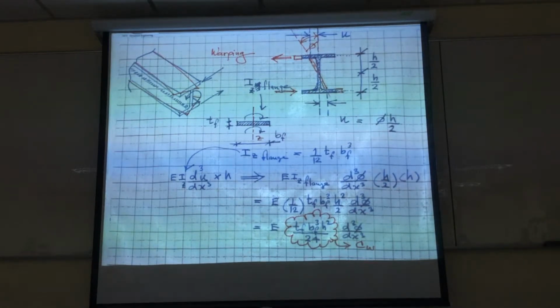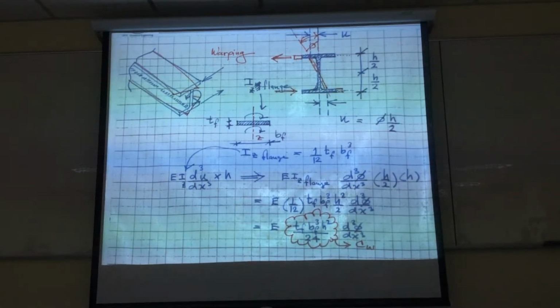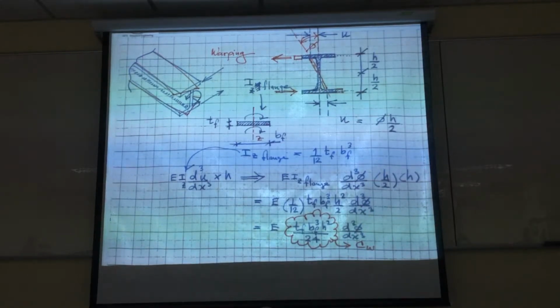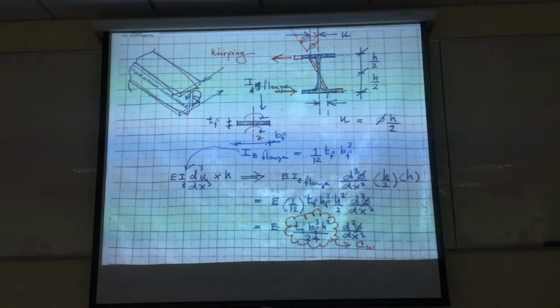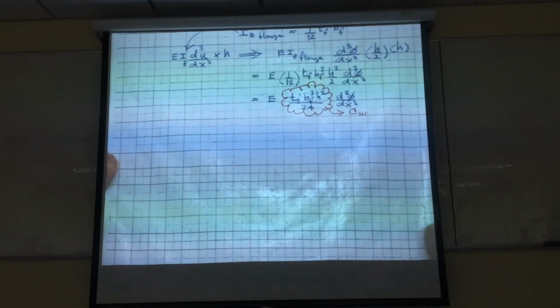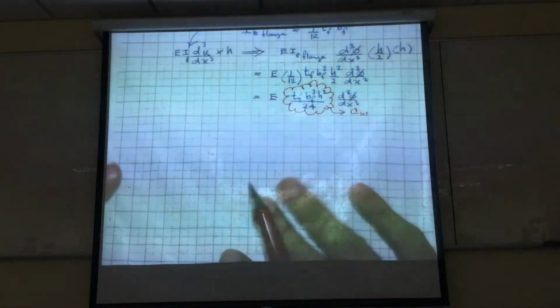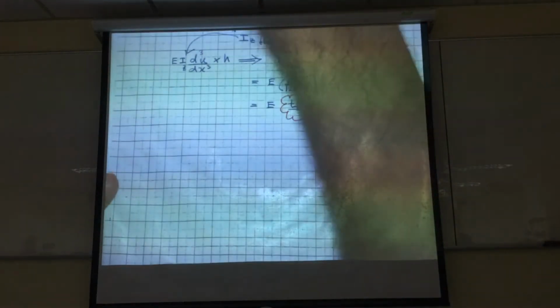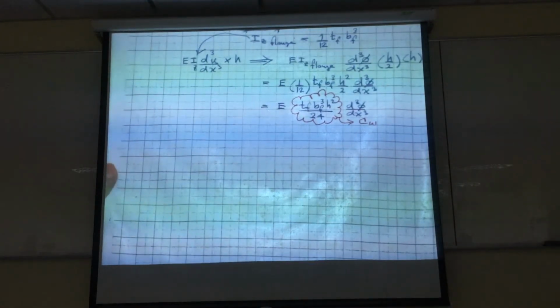Well, last time we derived the formula for the lateral torsional buckling of the beam. So let's take a look at the beam curve.